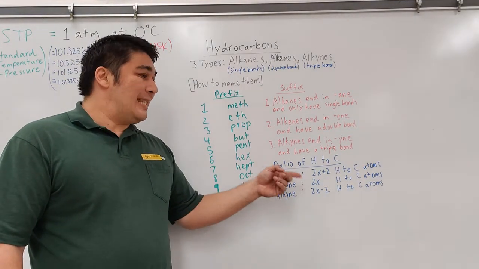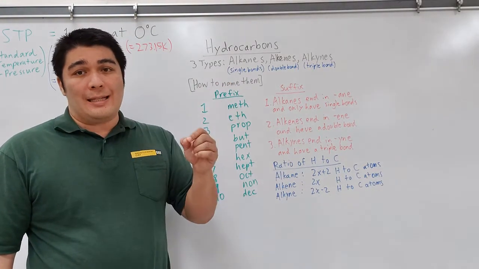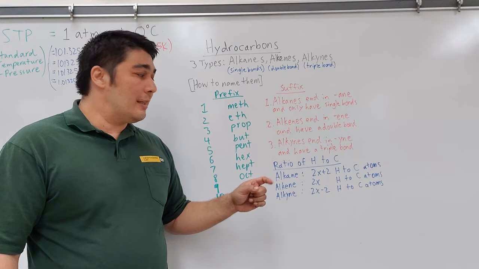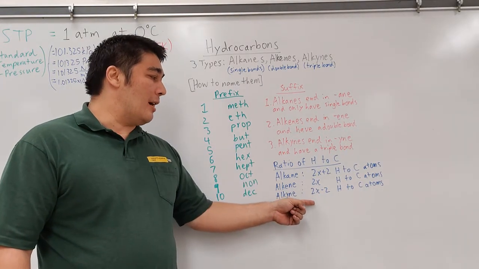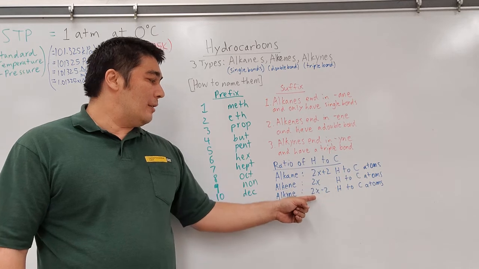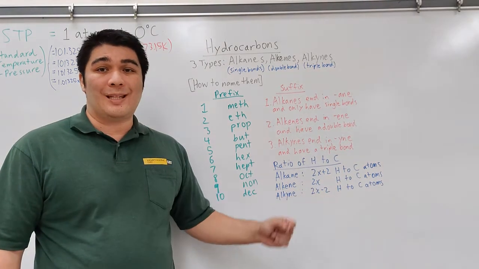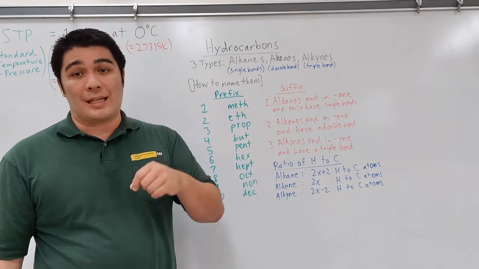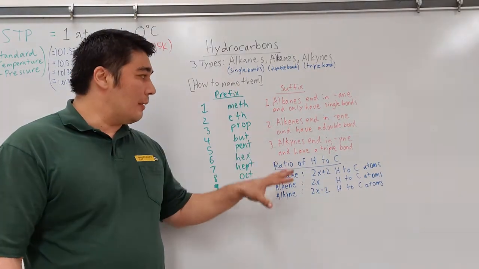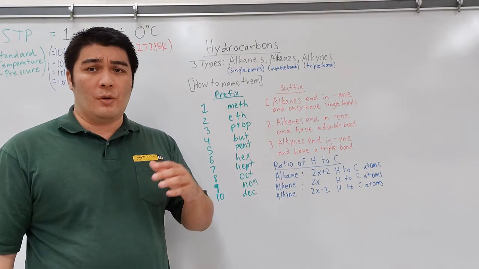If it was octene, it would just be C8H16. And then if it was octyne, it would be C8, and then 8 times 2 is 16, minus 2 is 14, so it would be C8H14.